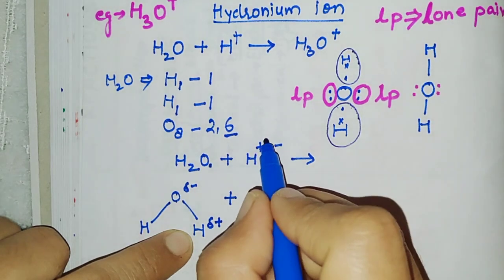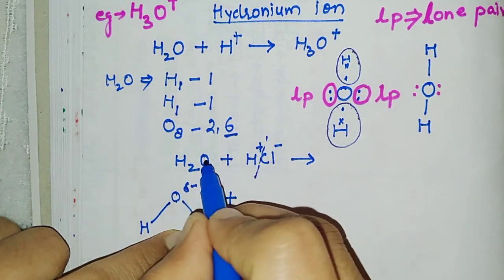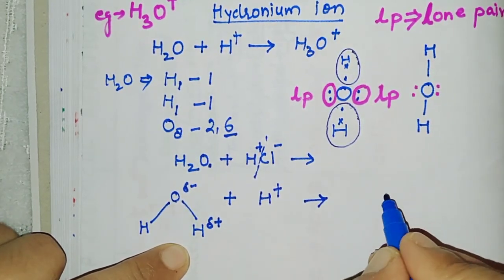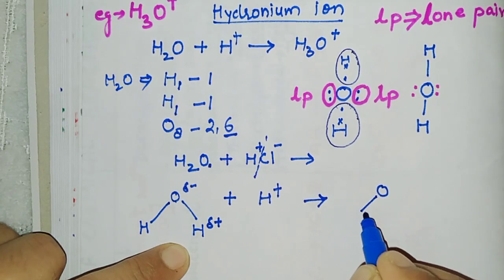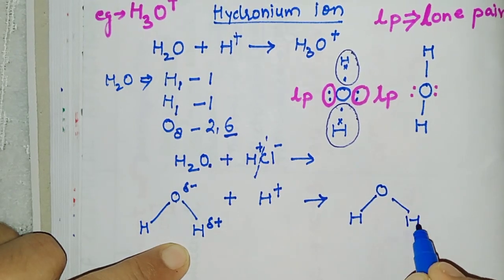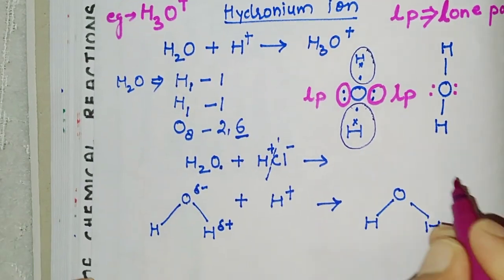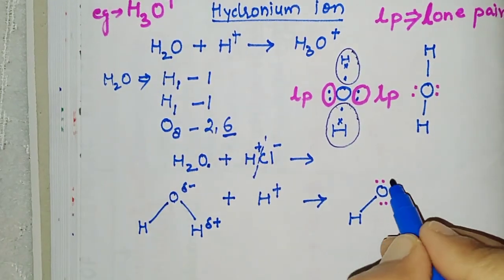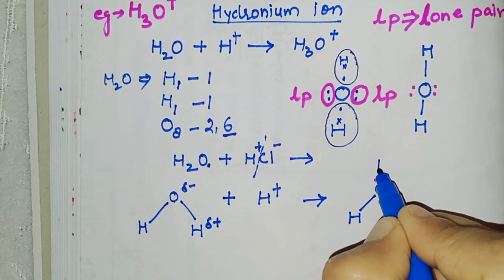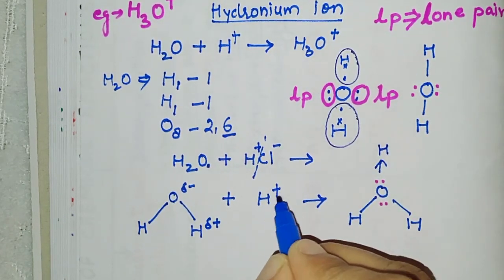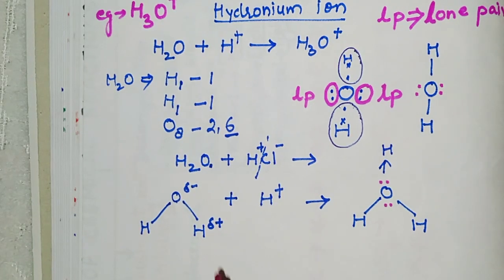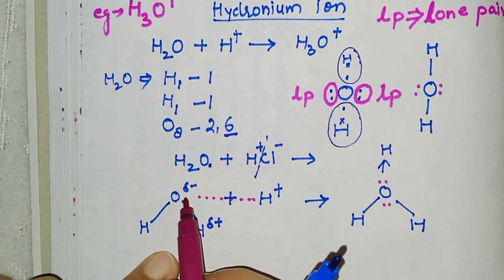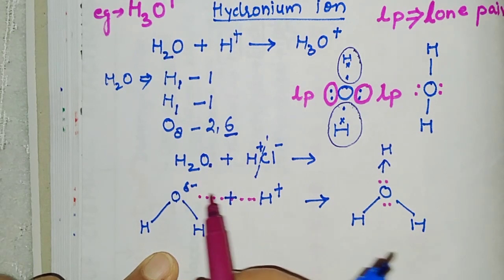And if this H+ goes onto this, how will this form? Now see here, oxygen, H and H. There was one lone pair here. This lone pair will be given to this H. So there will be bond formation between this partially negative O and H+.